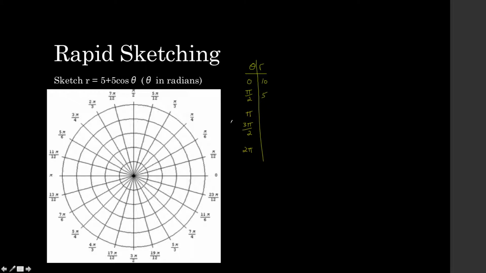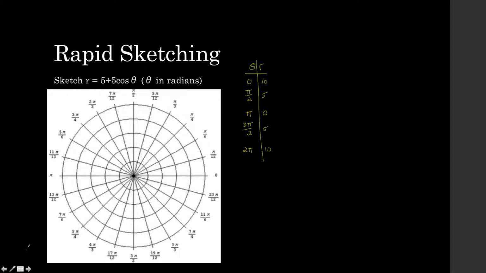When I plug pi in for my theta, I get 0. When I plug 3 pi over 2 in gives me 5. And 2 pi in gives me 10. So yes, we're repeating now. So, and you can see the pattern that we have going here. So we're not going to have to go any further than this.